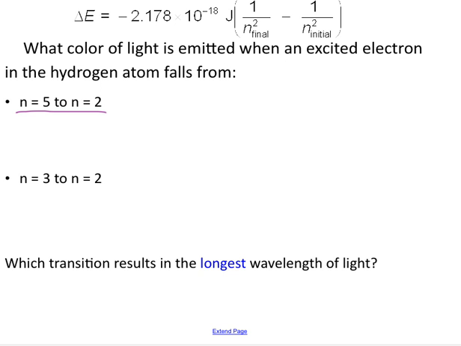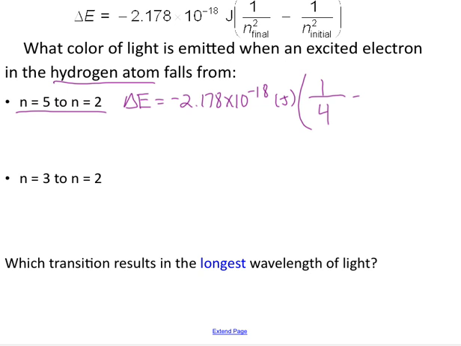So what is the color of light emitted when an excited electron in the hydrogen atom falls from 5 to 2? Notice it says hydrogen atom. If it doesn't say hydrogen atom, you can't use Rydberg. So delta E is equal to negative 2.178 times 10 to the negative 18th, and this is where the joule unit comes from, times 1 over, what's my final n? 2.